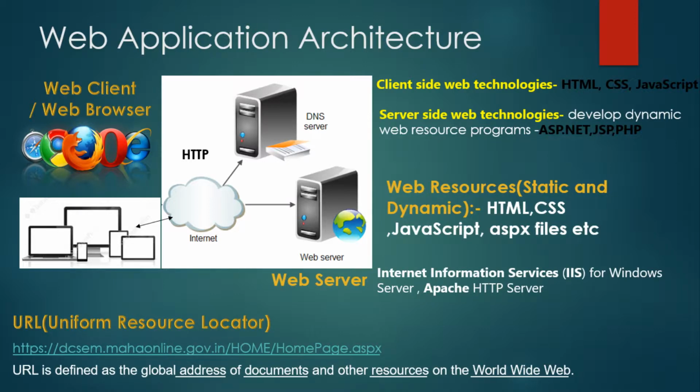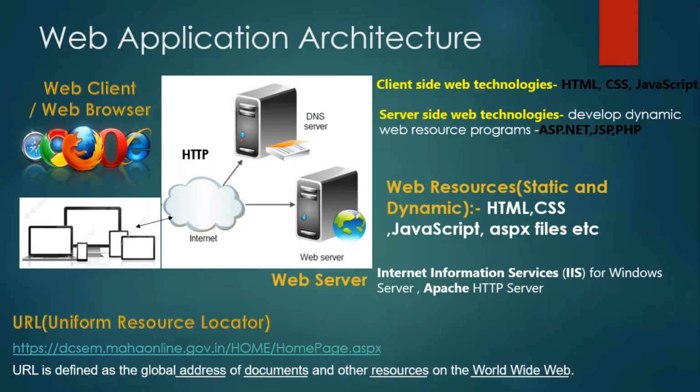With dynamic web resources, the web server will generate output for them, and that output will be converted into HTML and CSS and sent to the web client. Dynamic web resources are ASPX files, PHP files, and if you are using Java, then JSP files.